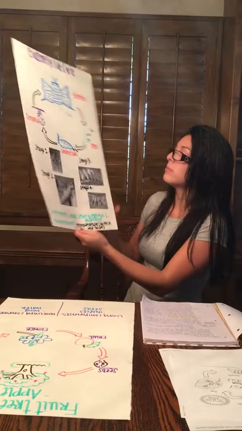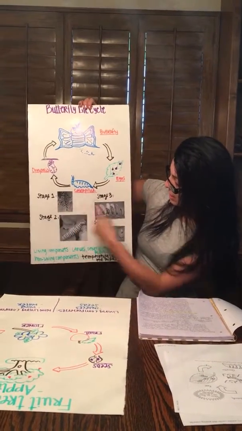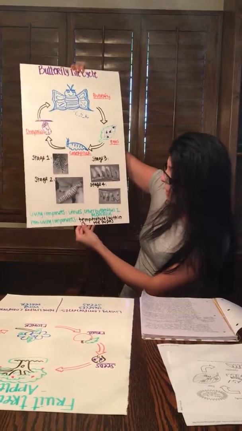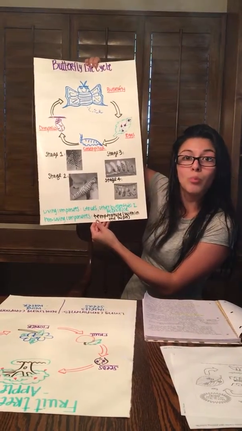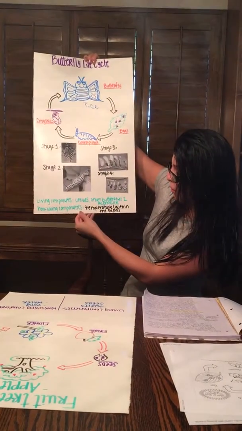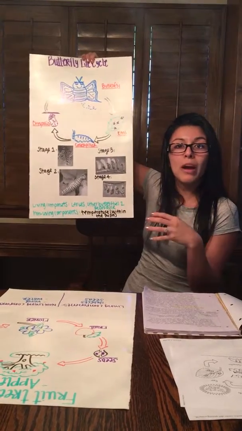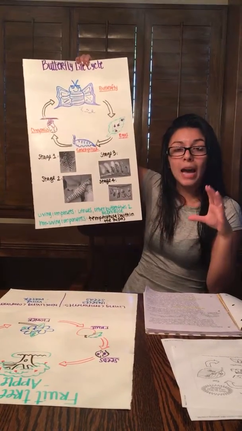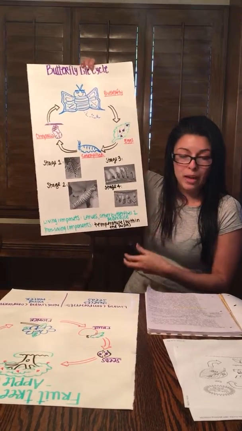Next is the butterfly cycle. So I have my cycle up top and my stages at the bottom. The living components are leaves and other butterflies that then help in reproduction. Next are the non-living components like temperature, which matters in the pupa, which is where the caterpillar molds itself to then turn into a butterfly.